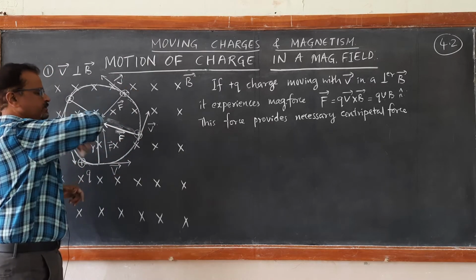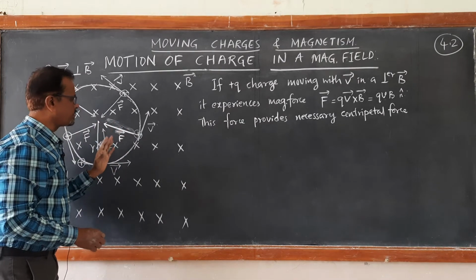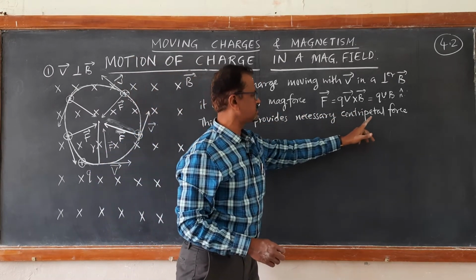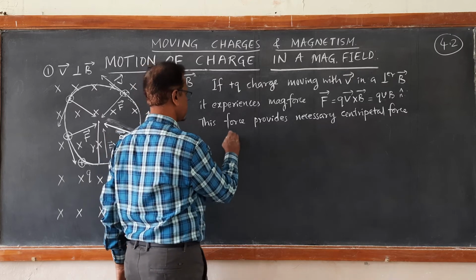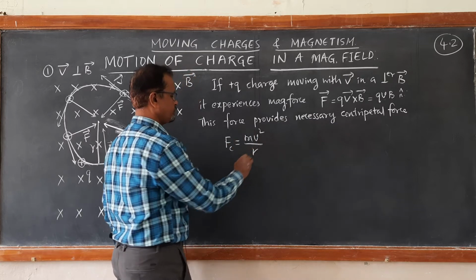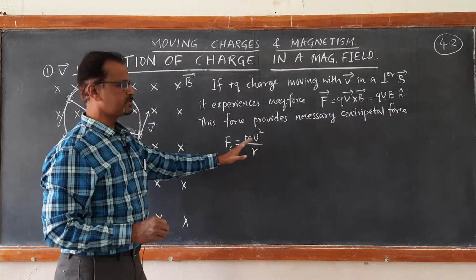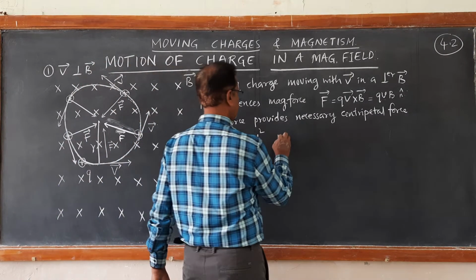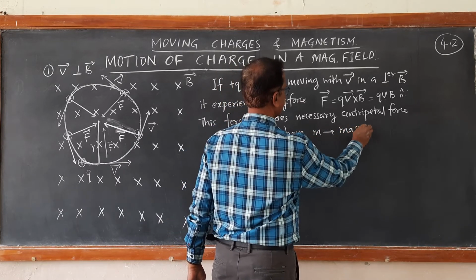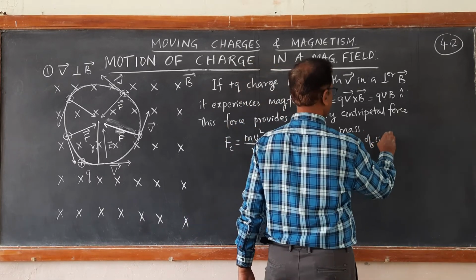When the charge particle is undergoing circular motion, there should be some centripetal force, and that centripetal force is provided by the Lorentz force, which is qvB. We know the expression for centripetal force is given by mv square by r, where r is the radius, v is the velocity, and m is the mass of the charge particle and r is the radius of the circular path.